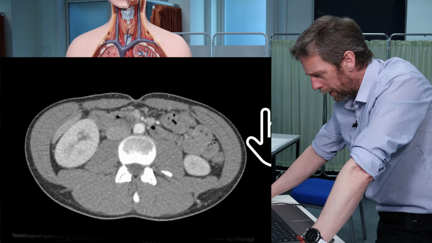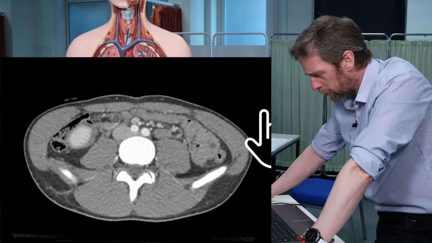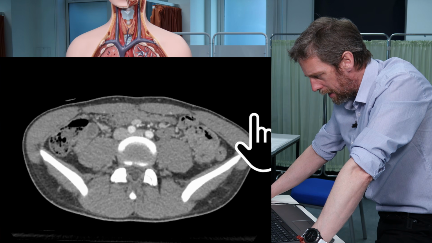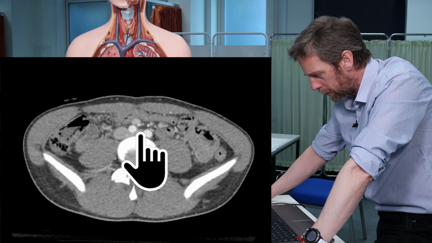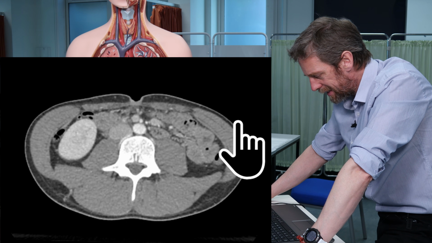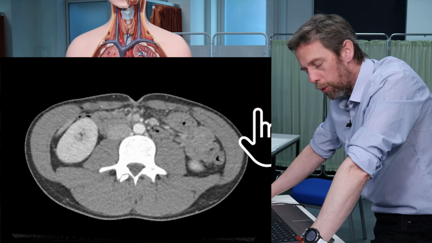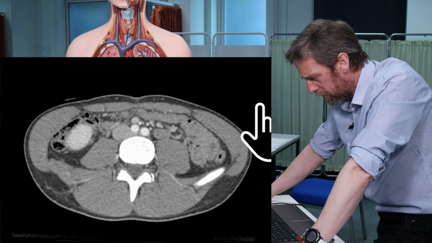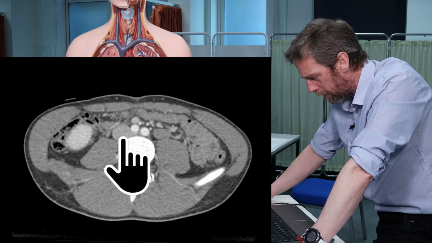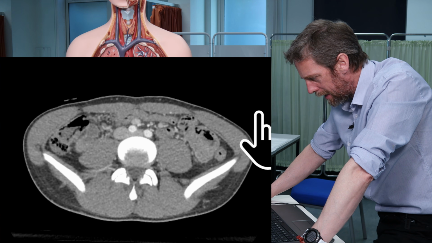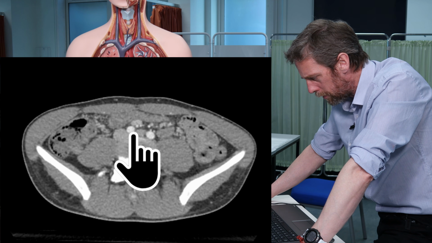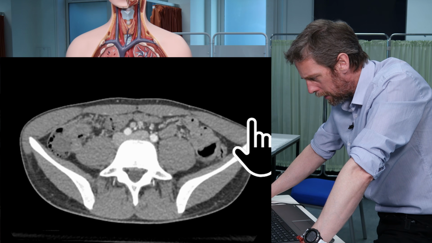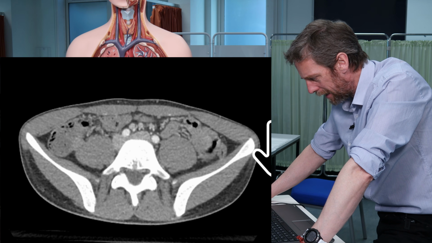But if I scroll down, so it's on the right side. If I scroll, can you see how it's starting to divide? And look, this is the same level that the aorta is dividing into common iliac arteries. So this is the inferior vena cava, scrolling down, dividing into left and right common iliac veins.